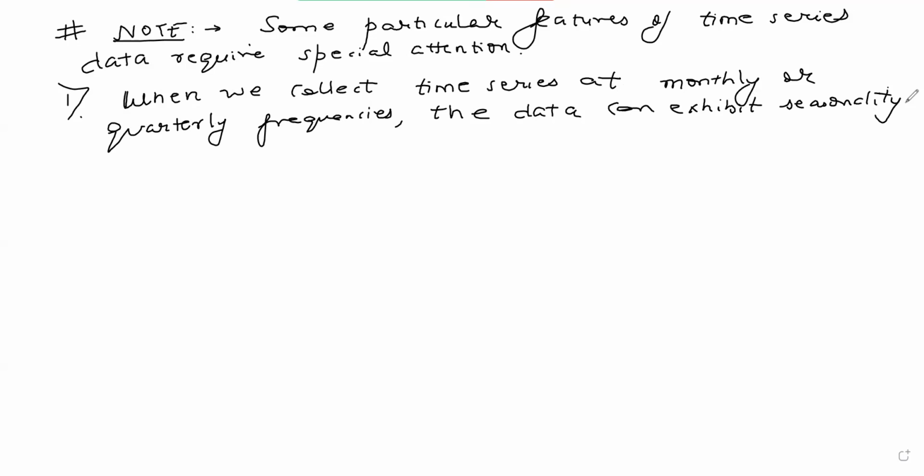For example, when I'm looking at household expenditures, I might expect household expenditures to go up during festivals, let's say Christmas. On the other hand, how effective a fertilizer would be depends on the kind of crop I'm growing and which season that crop belongs to. Similarly, when I talk about ice cream sales, I would expect them to be higher in summer months as compared to winter months.